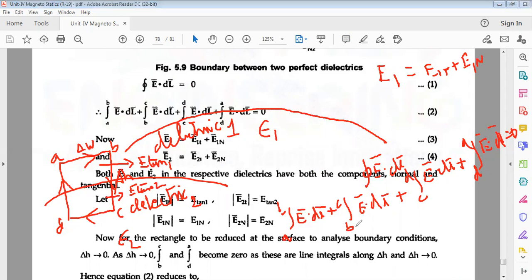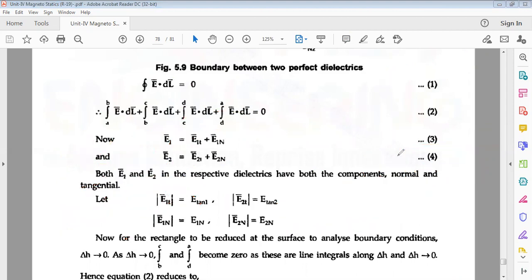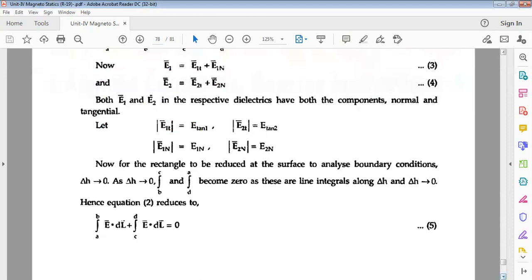One is B to C, another integral is C to D. And the remaining we have are the two integrals A to B and C to D: the integral A to B of E bar dot dl bar and the integral C to D of E bar dot dl bar.